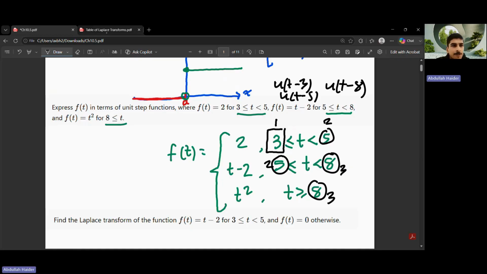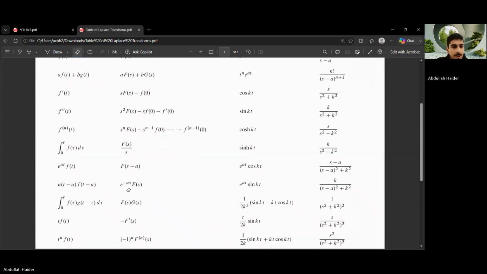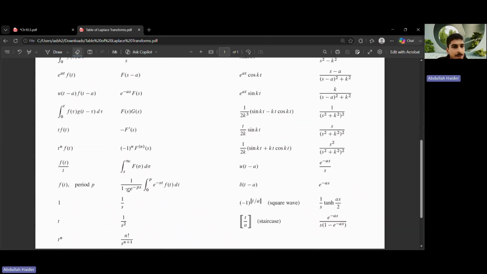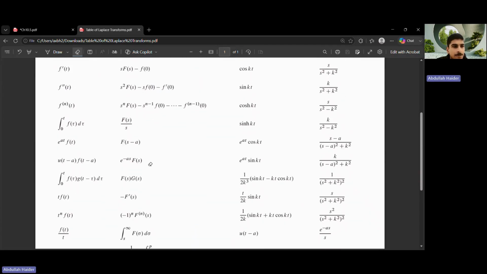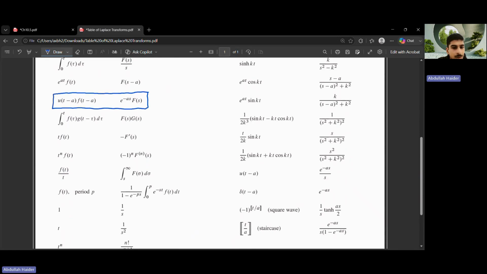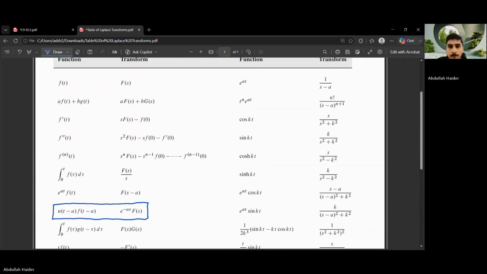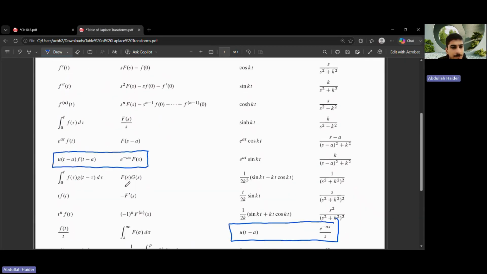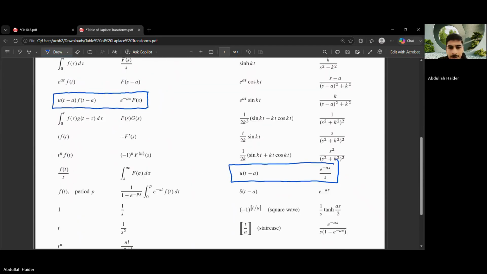If you go to the Laplace transform table, you will see that you have some formulas. For 10.5, we'll be focusing most on this one, and focus will also be on this formula, the two main formulas we will use for this section.